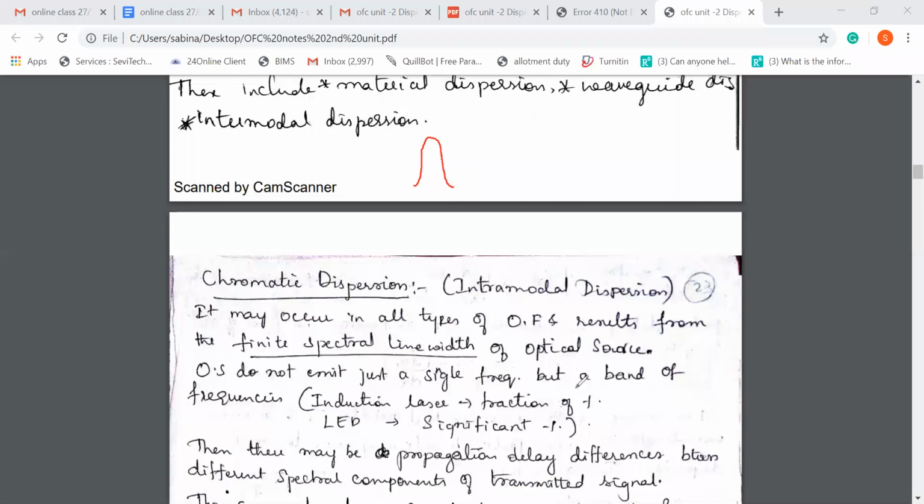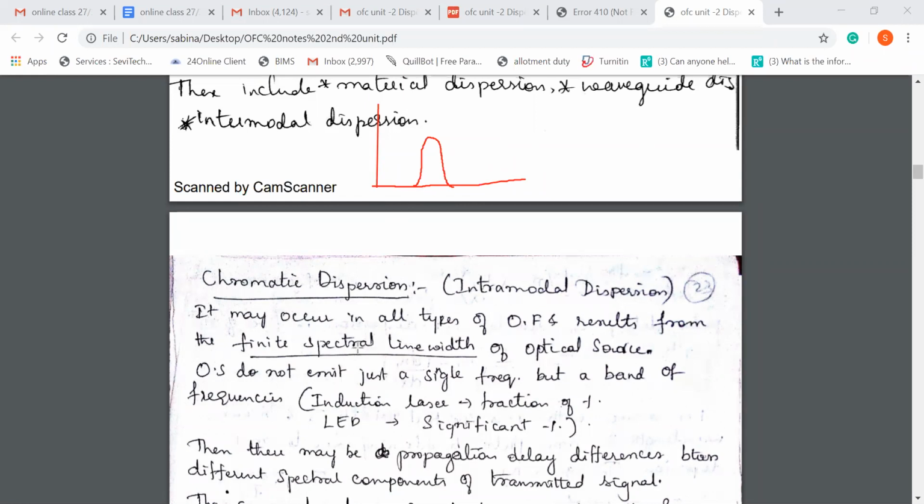This is your lambda 1, lambda 2, lambda 3, lambda 4, lambda 5. This is the maximum wavelength and this is the minimum wavelength, and this is the spectral of the optical source. It will not transmit only one single frequency, it will transmit a band of frequencies.